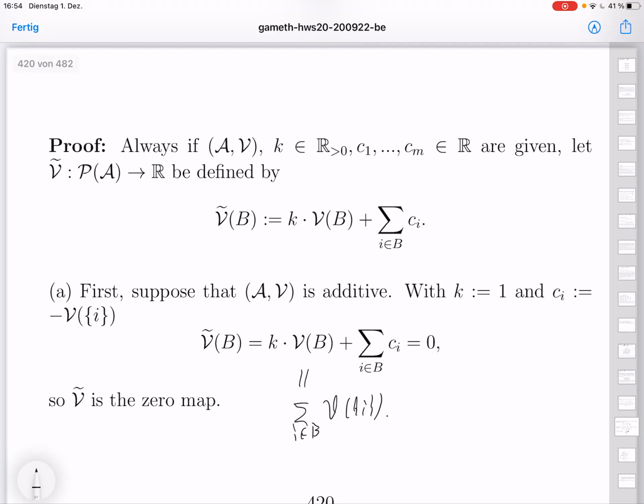So V tilde of B is the value 0 for any collision B, so V tilde is a zero map. And so I've now shown that the original collision valuation and the zero map are strategically equivalent.